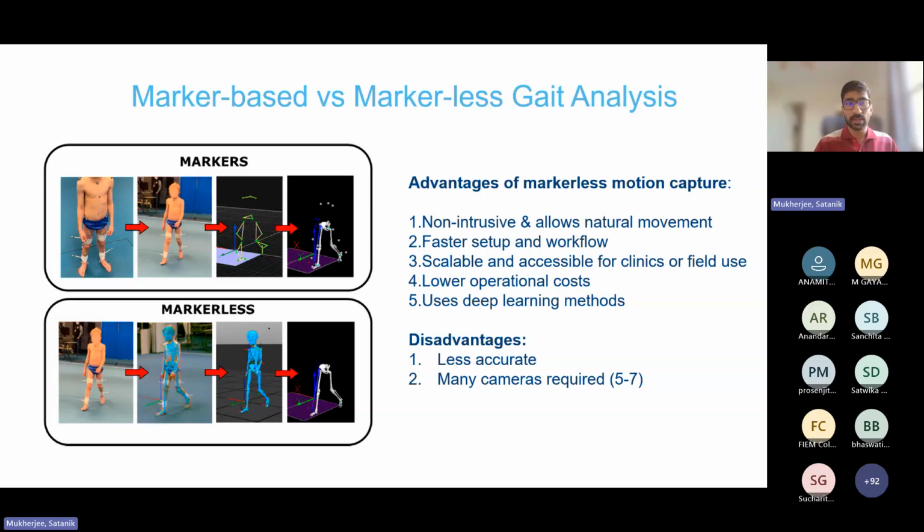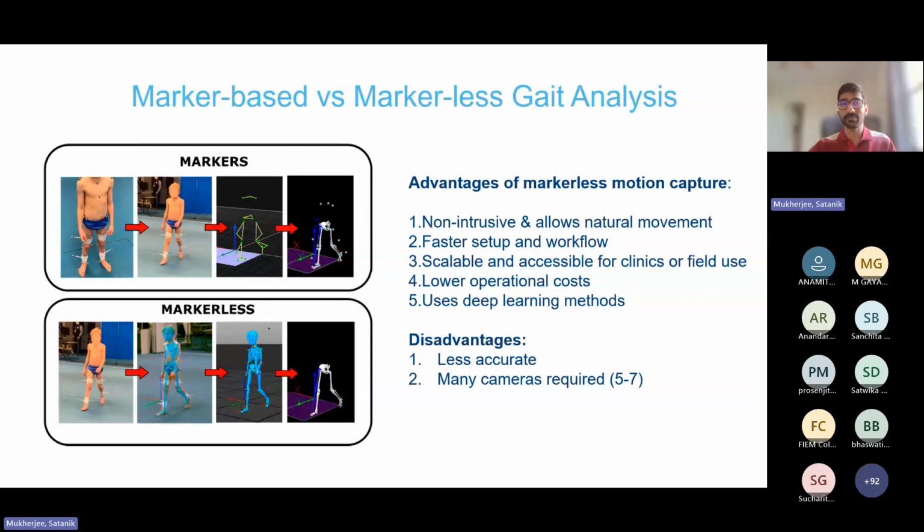Now, one of the issues with using these markers on the human body and doing the gait analysis subsequently is that it's very time consuming, firstly, to put the markers on the human body, and it also is intrusive, because once you put markers on the body of a patient, the patient becomes conscious and does not walk in exactly the same natural way.